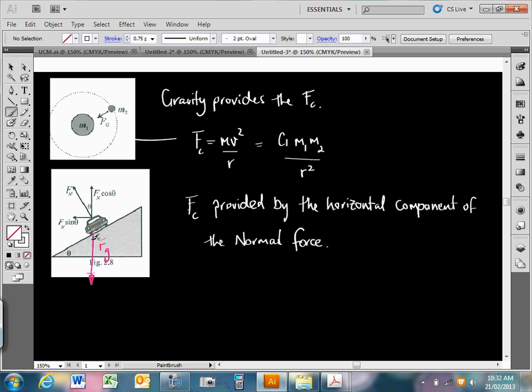See how this force here, Fn sine theta, is just the horizontal component of the normal force, is unbalanced in this case. These two vectors here are mutually perpendicular, and they are just components of this vector, this normal force vector. And so this one is the unbalanced one. That's the one that's pulling the car towards the center of the circle, providing the centripetal force, providing the centripetal acceleration.